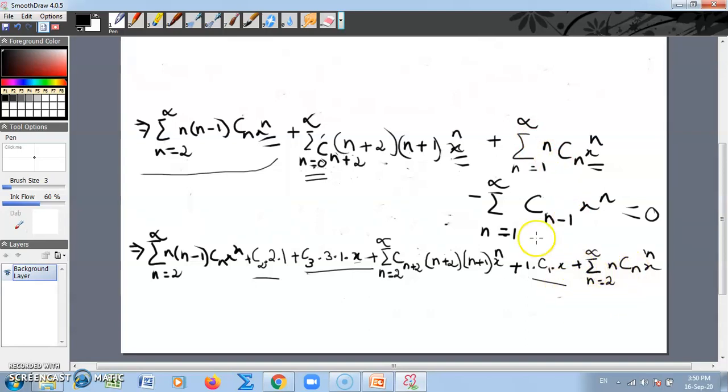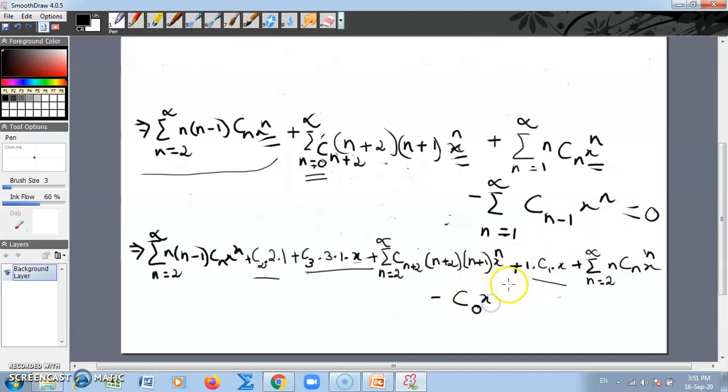Then we come to this one. The first term can be written as, when I put n is equal to 1 here, it becomes minus c1 minus 1, which is c0, and x to the power 1 is x.